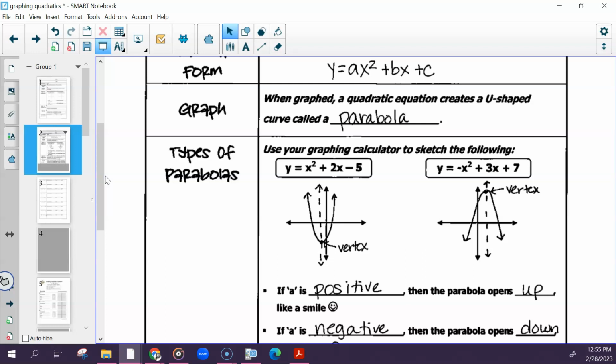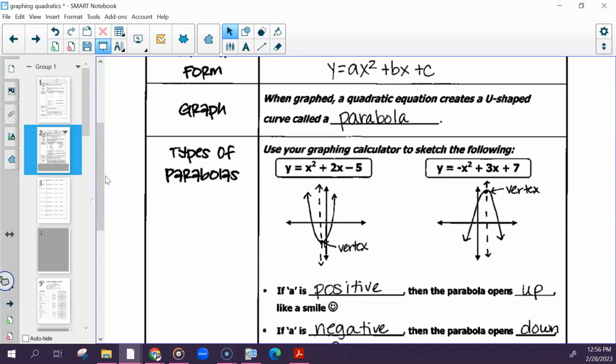Check this out. It doesn't have to be perfect.